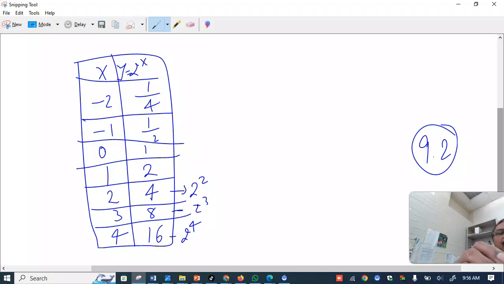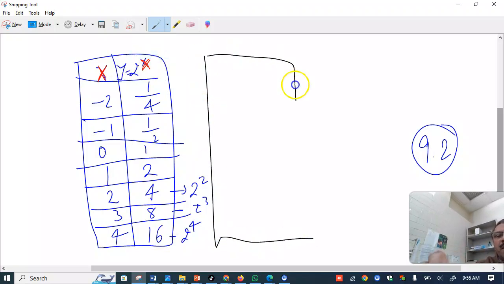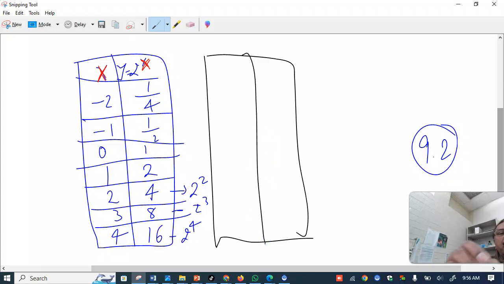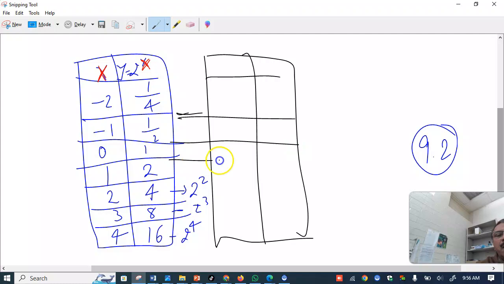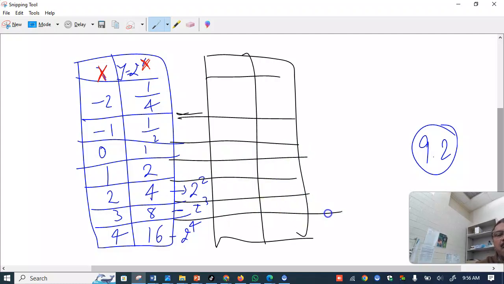So what's happening is this x, whatever the red x that you see, it goes here. Now what we do next is have another table where you swap the input and output. Instead of input output, I want to make it output input.